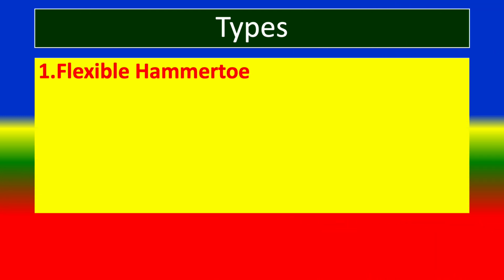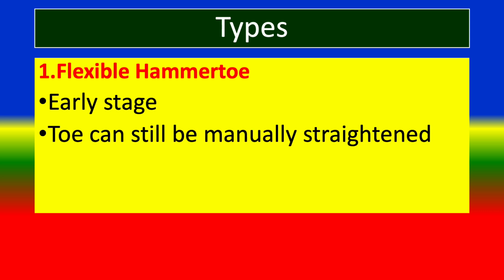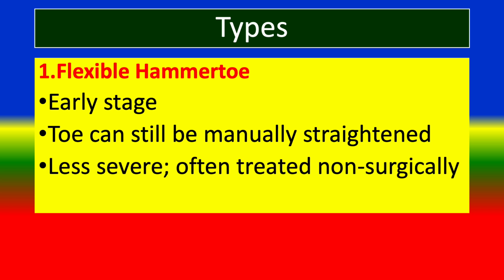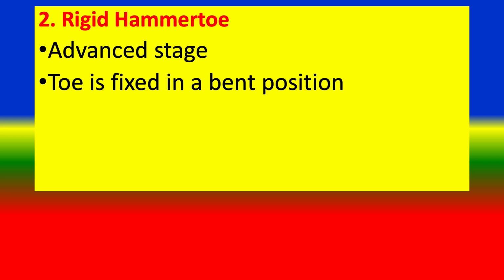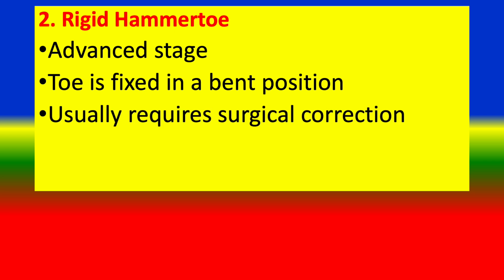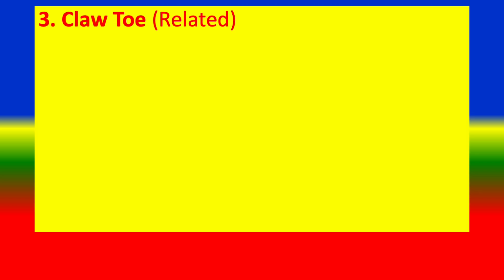Types. 1. Flexible hammertoe. Early stage, the toe can still be manually straightened. Less severe, often treated non-surgically. 2. Rigid hammertoe. Advanced stage, the toe is fixed in a bent position, usually requires surgical correction. 3.